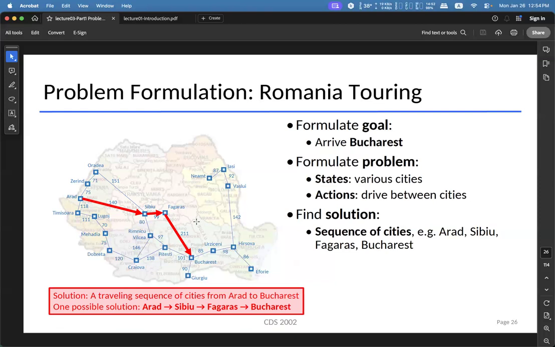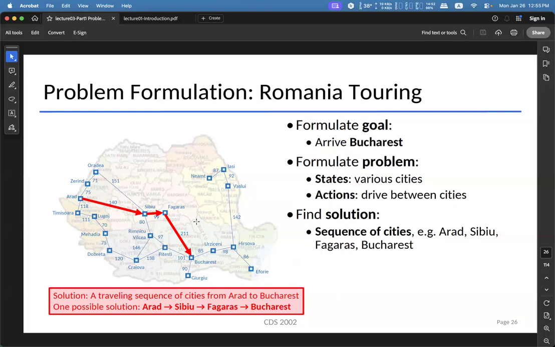After we convert our map into a graph like this, we can find a path that connects the initial state to the goal state. Here we are showing one of them. We can go to ACT, to Cebu, to Pythagoras, and then to Bucharest.